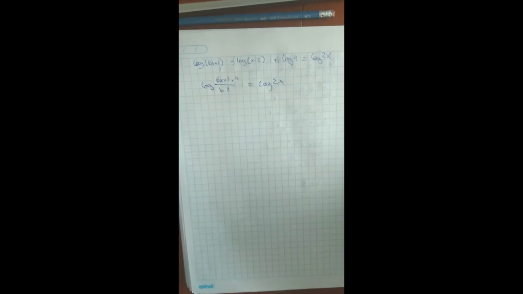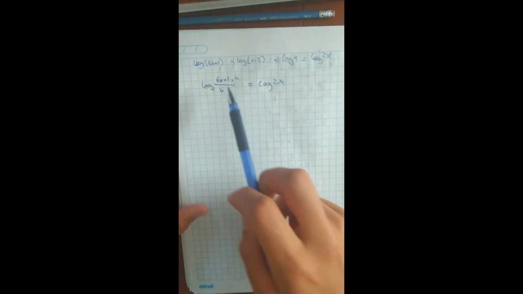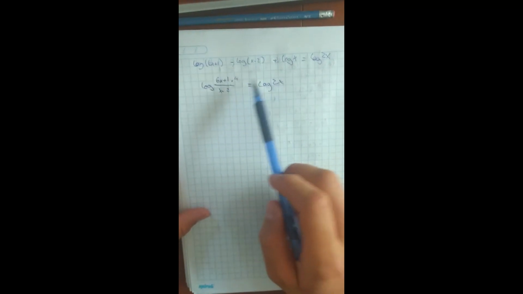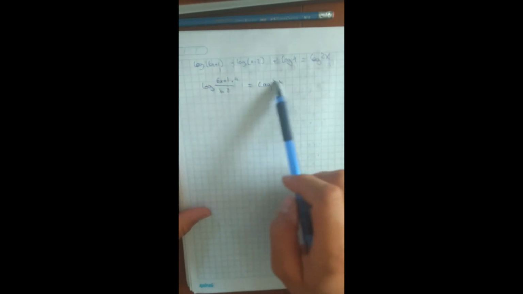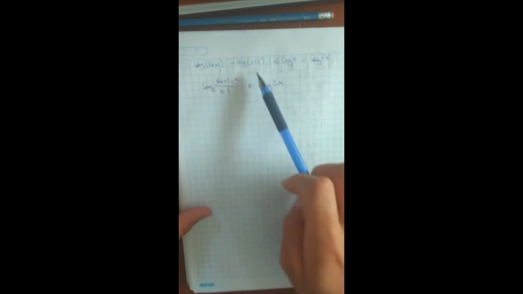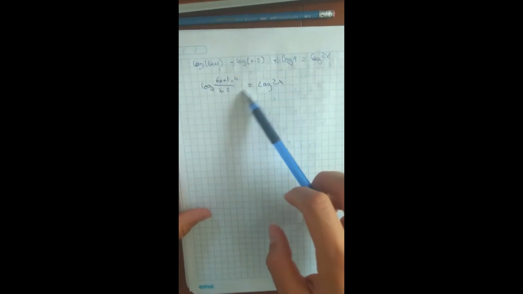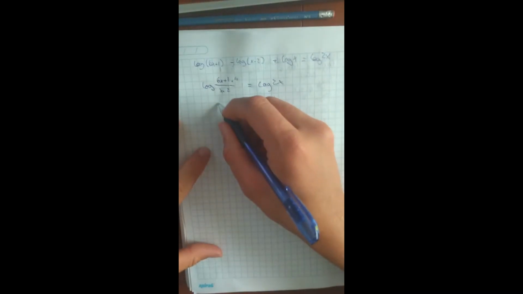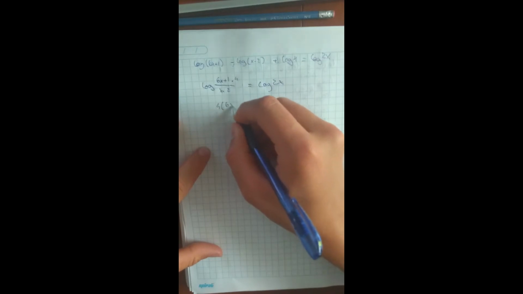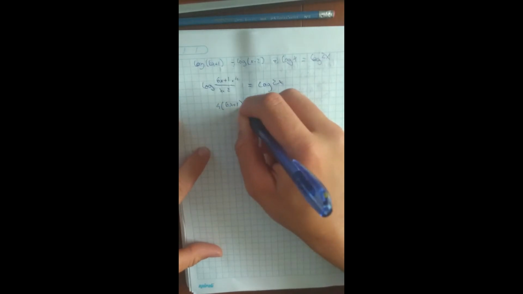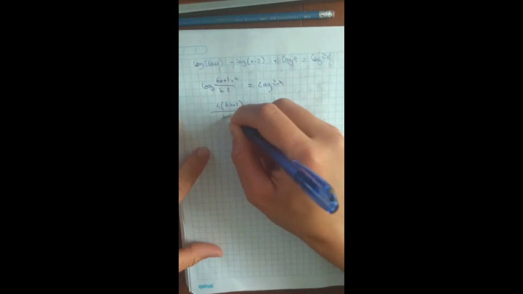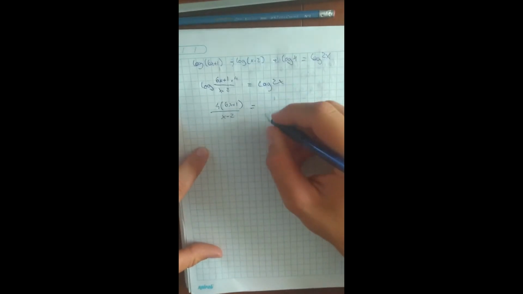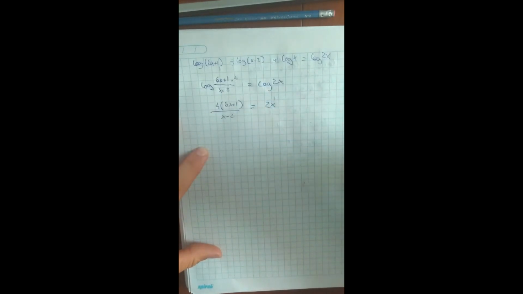And now we can use another property. So we know here that we have the same bases. Since we have the same bases and this value equals this value, we can actually cut out the logs. So that means that 4 times 6x plus 1 over x minus 2 equals 2x.